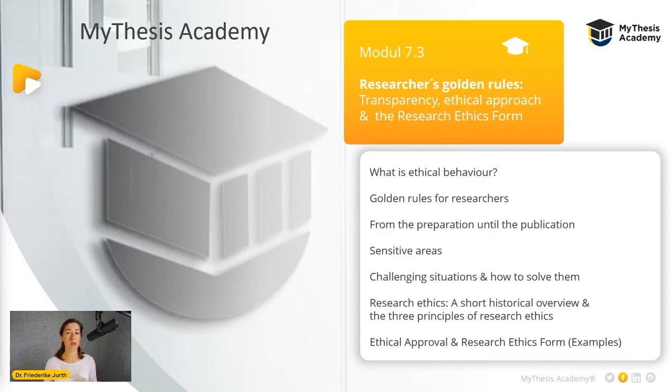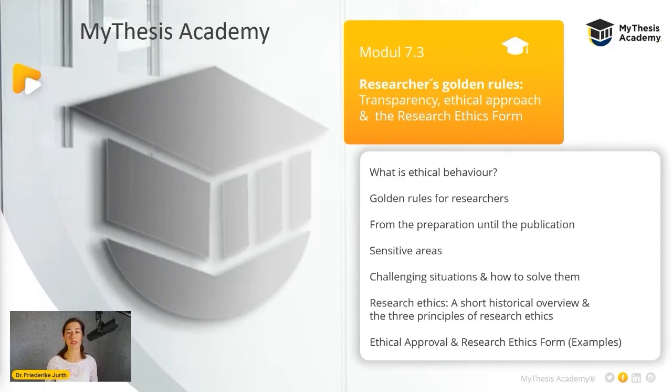The aspect of transparency and of research ethics wasn't such a big deal in the first times of ethnography. You probably remember what we discussed about the profile and the work from the first ethnographers, and, well, I already mentioned that the approach that we take nowadays is a little bit different.